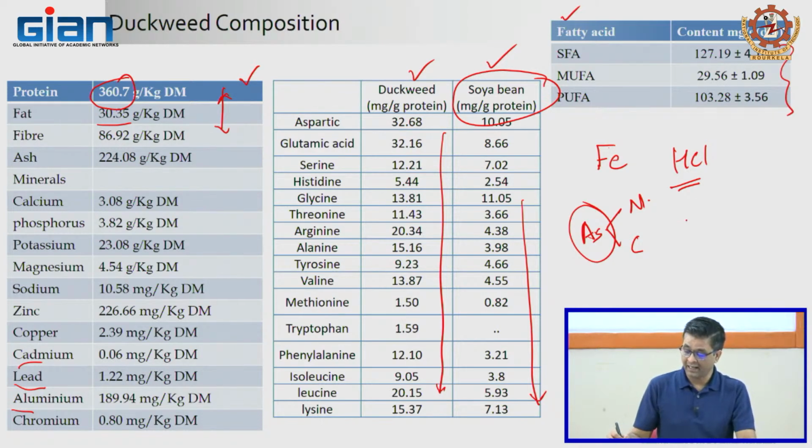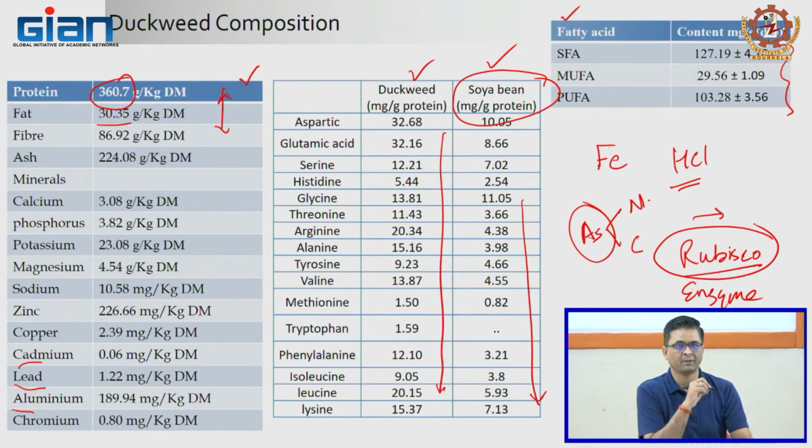To extract grass protein, a very similar principle is applied as for duckweed, because the majority of the protein is rubisco and several enzymes. And rubisco is a very high molecular weight protein.